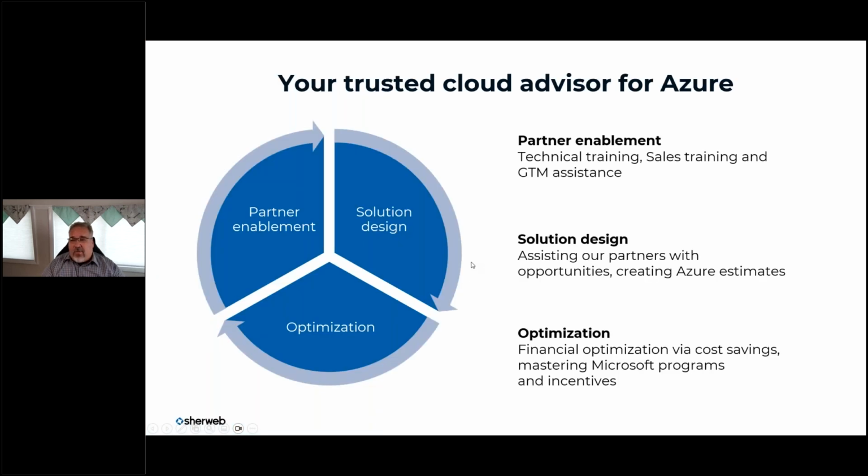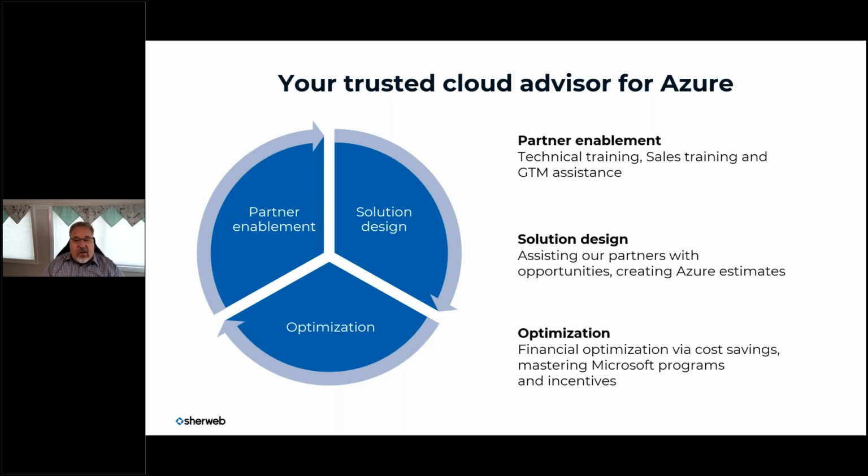So today we're going to talk about some of the things that you can do with Sherweb around Microsoft Azure. We'd like to be known as your trusted advisor. So here at Sherweb, we have a team of Azure experts, all the way from pre-sales through to deployment, that can help you and your customers through your journey with Microsoft Azure.